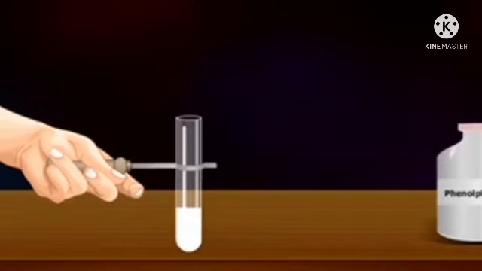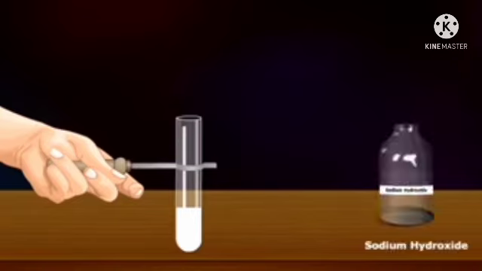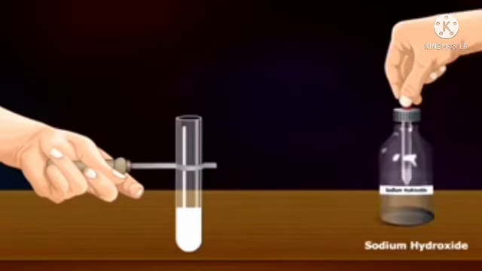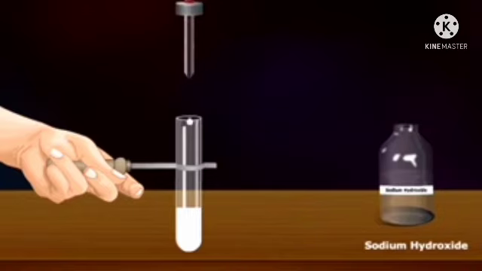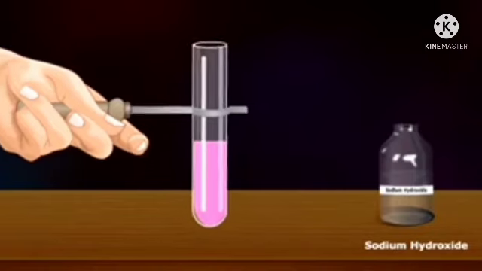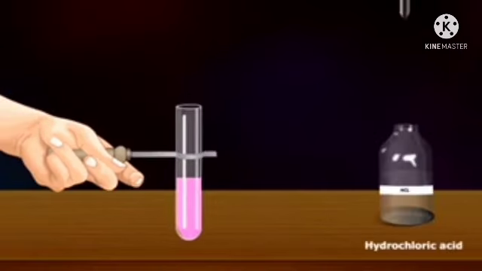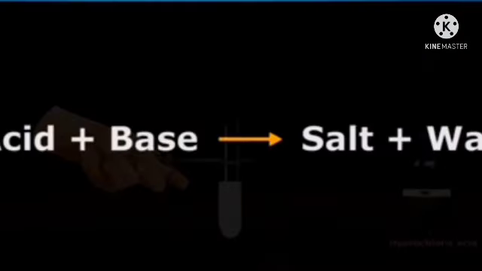We also learn that the effect of a base is nullified by an acid. When acids and bases are mixed in definite proportions, they give a neutral solution. The reaction of acids and bases produces salt and water.